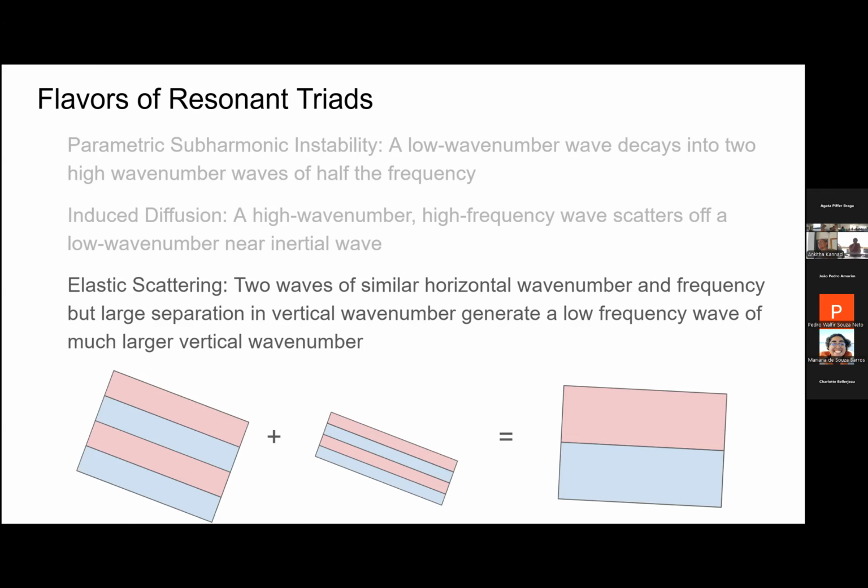So you're not moving energy, so your triad would be like, the wave vector of the low frequency wave is almost perfectly vertical. The wave vector of the high frequency wave points like this, and then the wave vector of the resultant wave points like this. So these two have the same vertical wave number, going in opposite directions, and so you're not really moving energy across vertical wave number.